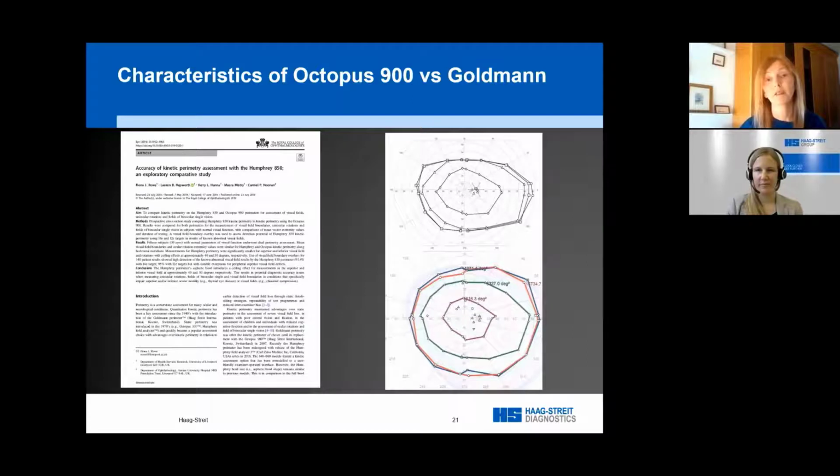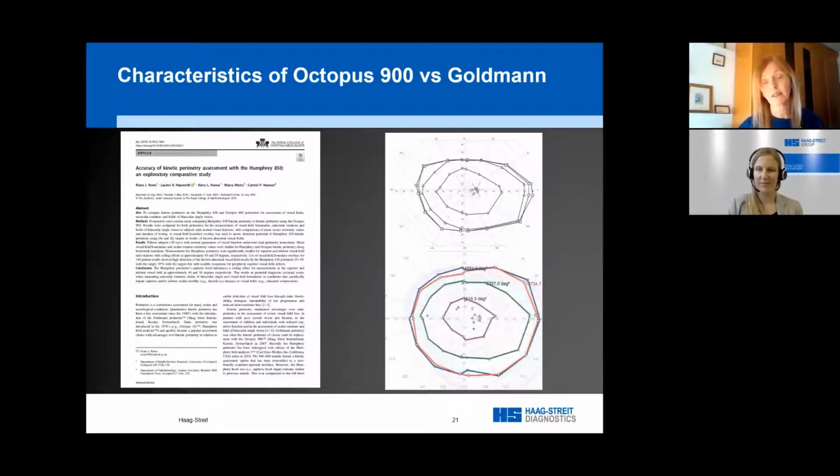We took a group of 15 participants with normal visual fields, and we plotted the V-4e, III-4e, I-4e, and I-2e targets on both perimeters exactly the same way.